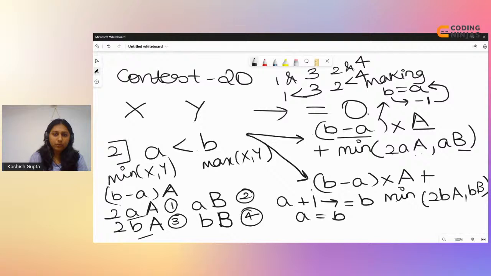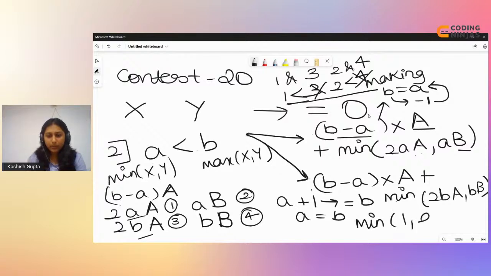So, because these four cases exist simultaneously, we do not need 3 and 4 at all. If 3 exists, we can take 1 instead because 1 will be smaller. So you can directly take the minimum of 1 comma 2 and add the common part and you'll get your answer. So let's try implementing this.